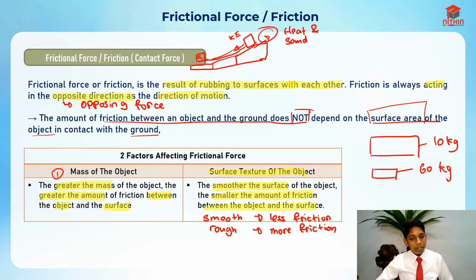Since the surface area does not affect friction, this 60 kg box actually has more friction than the 10 kg box. Okay, so I hope you understood that. Now let's move on.